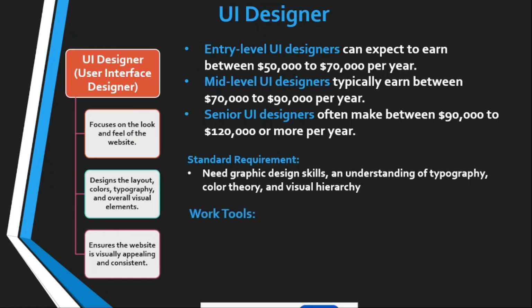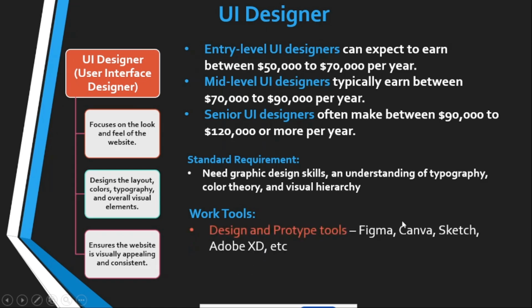Okay. So what are the tools that web UI designers work with? Some of the tools include the design and prototype tools. The software they use to do their designs includes things like Figma, Canva, Sketch, Adobe XD, and so on. These are the tools they use to create their designs.